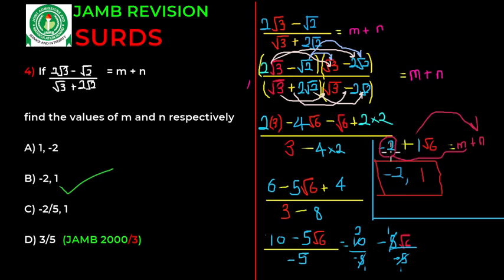And then this one here, because minus cancel is now plus, it becomes minus 2 plus 1 with the square root of 6, equating with what we were given, m plus n square root of 6. Now it means that this minus 2 represents m, and the number behind the square root of 6 represents n. So our answer is minus 2 minus 1, and that was option B.